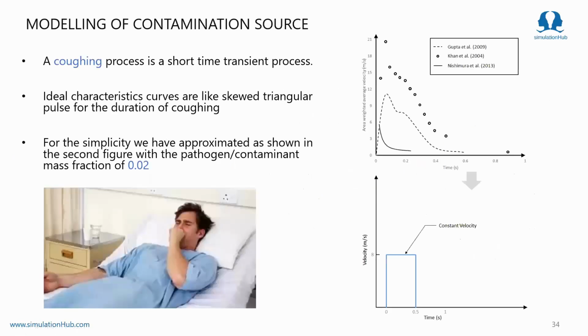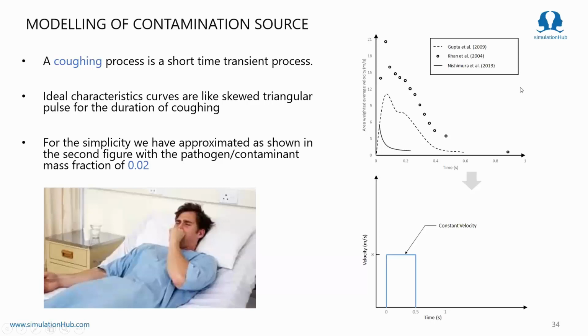As I said, here the mannequin patient is the contaminant producing source in the domain. So let's model how the contaminant is entering the domain. The coughing process is the cause of contamination, which is a short-term and transient process.